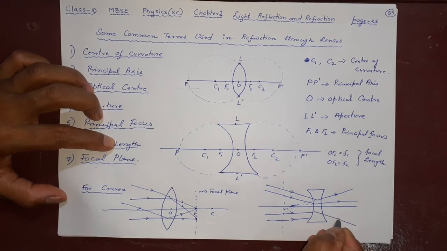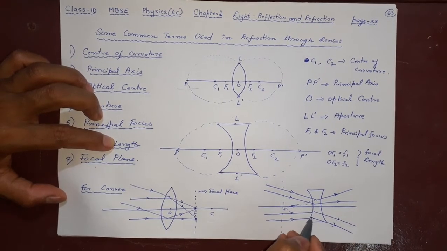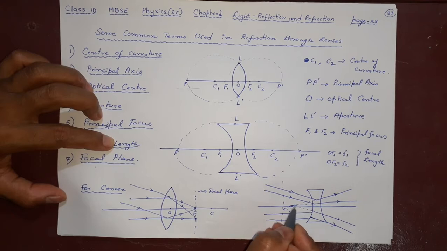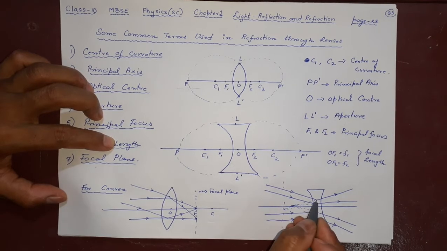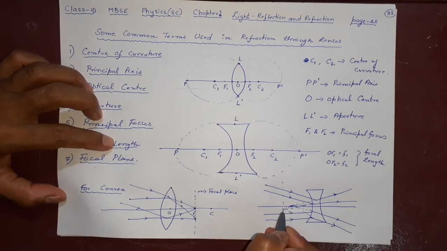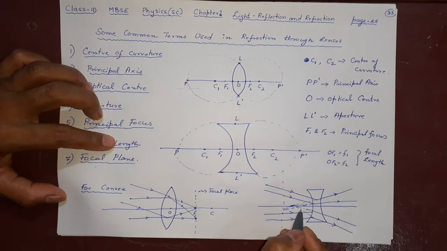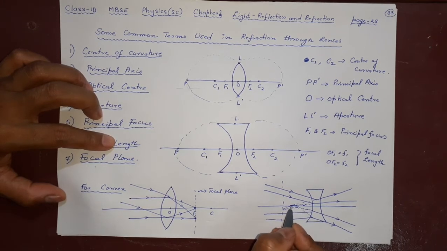They will go away from here. They will come to the focus. But these two are not coming parallel, slightly making some angles. So they will come here and they will meet here, and it will be in the same focal plane. I think I have made some mistake in the focal plane. It should be like this.